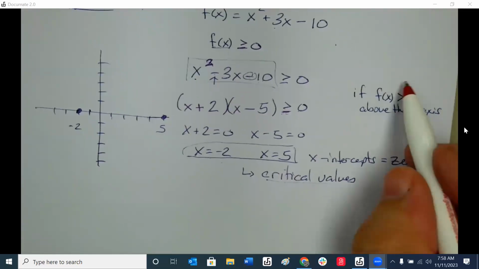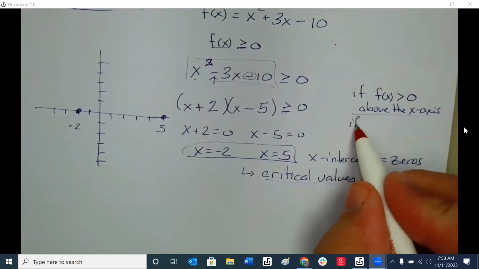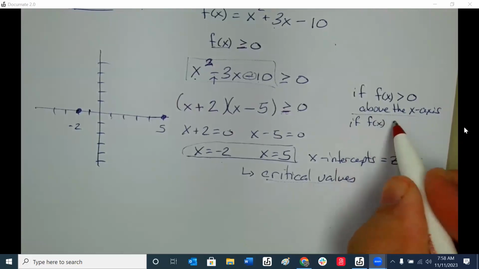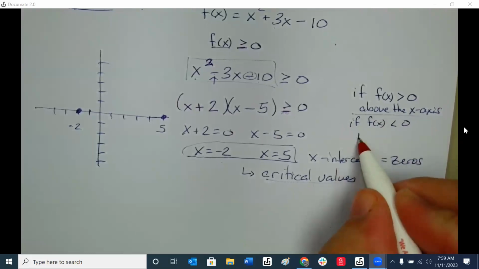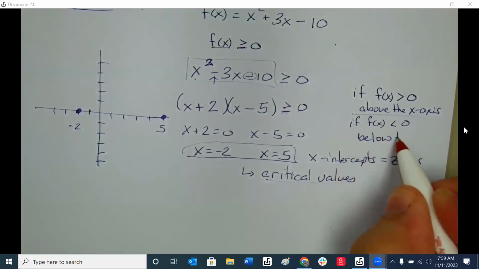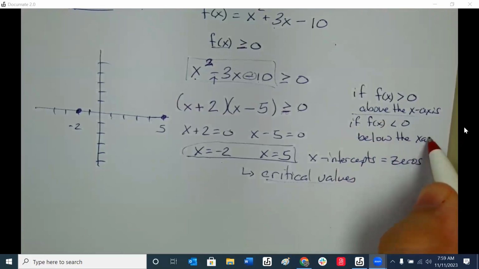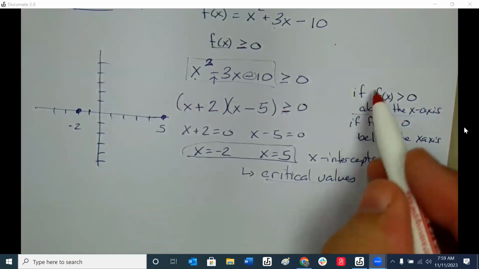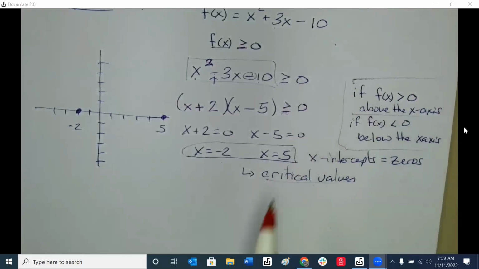The values are positive. If the function is less than 0, then it's below the x-axis. So this is what we're looking for. That's the reason we set it equal to 0.